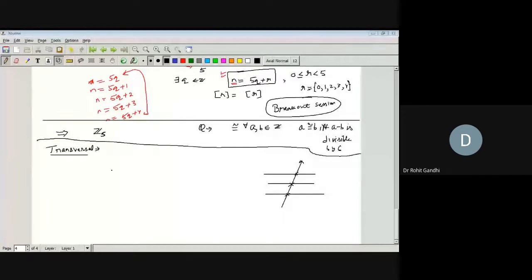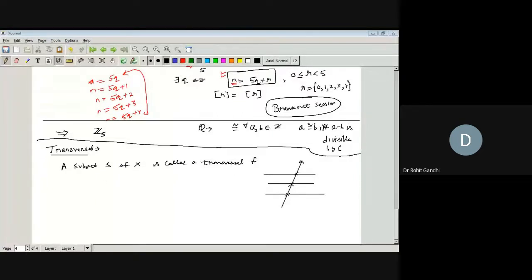So I'm going to write a definition. See this very carefully. A subset S of X is called a transversal, right?